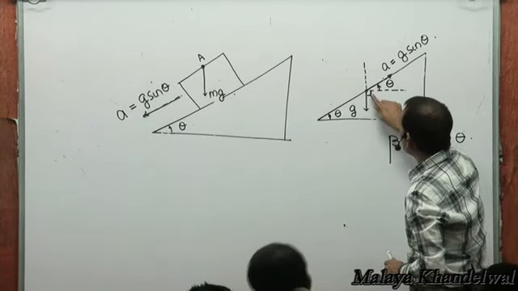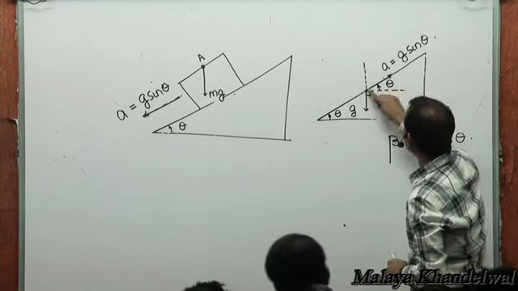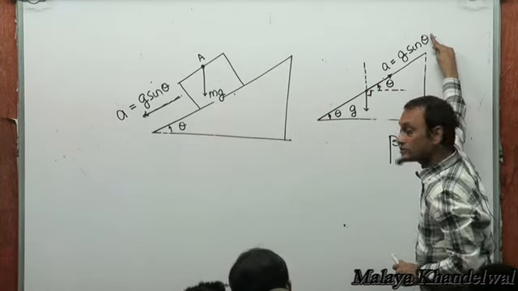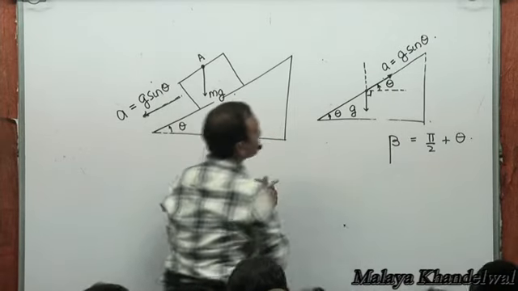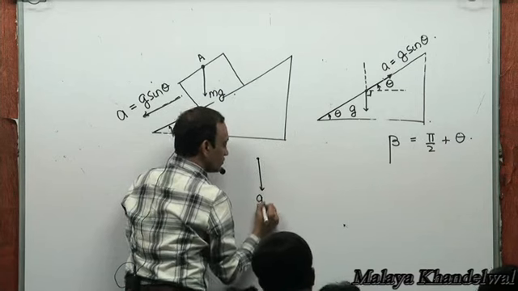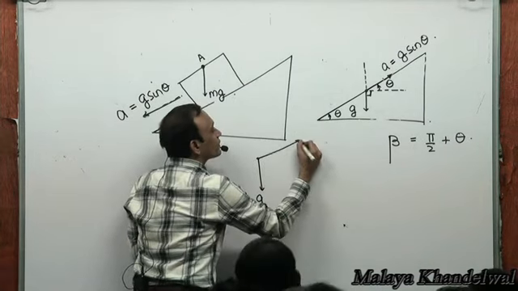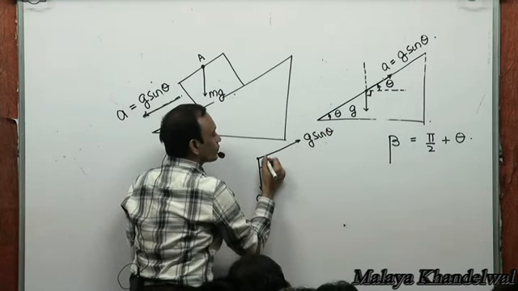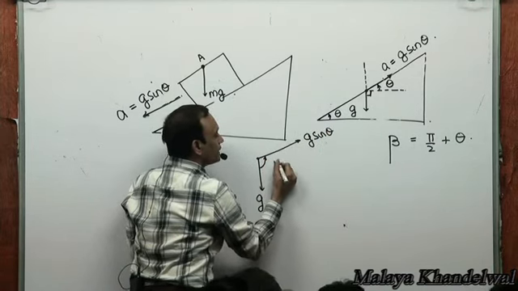Effective G would then be the resultant of this G and this G sine theta, with this angle being 90 plus theta.